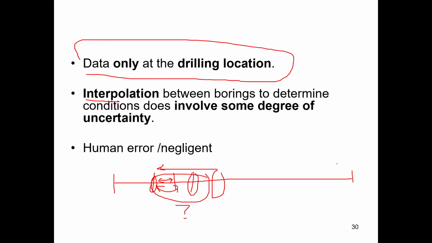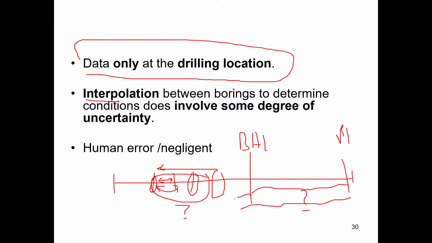Let's say you have a borehole every 1 kilometer: borehole 1, borehole 2, and so on. In between, you have to do interpolation, because you want to get the profile along the road alignment. So where is the rock layer?